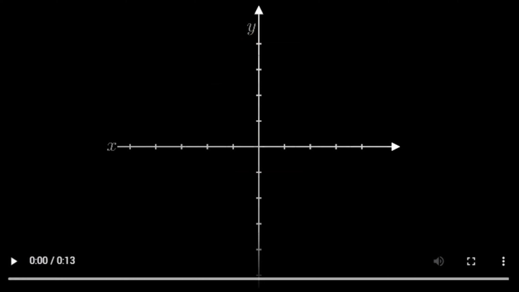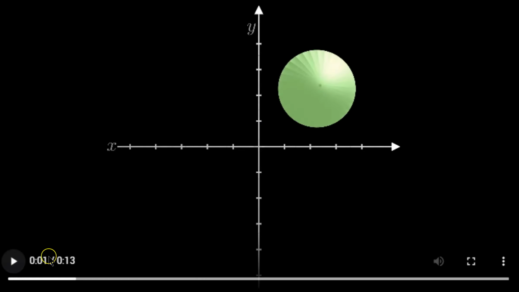Let's take a brief look at why this technique of Lagrange multipliers works. We're going to start by introducing our constraint. This green disk represents that constraint.